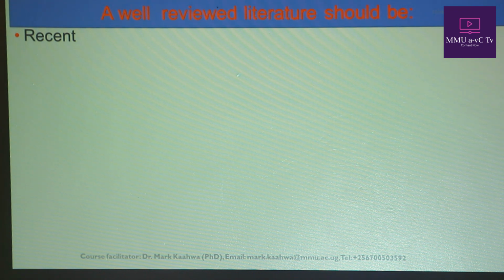So that is why we emphasize that when you are reviewing the literature, you look at current publications so that you are able to capture the current trends, particularly in regard to your topic. When you cite literature of 1900, 1980, 1970, 1960, 1950, it is really not good, and it is not acceptable.